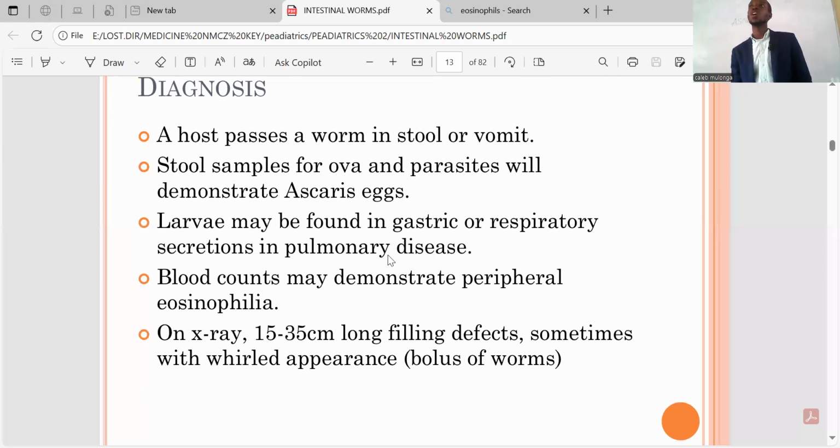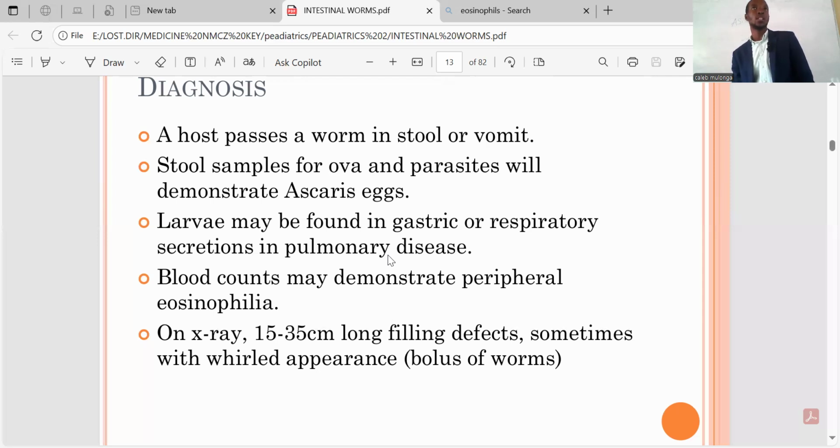This patient or this child's guardians will tell you that this child passes stool and there will be presence of worms in the stool, or when they vomit, there will be presence of worms in the vomitus. Number two, physical examination.